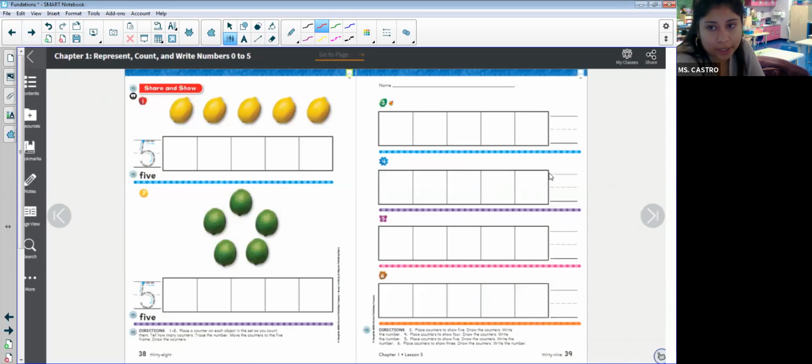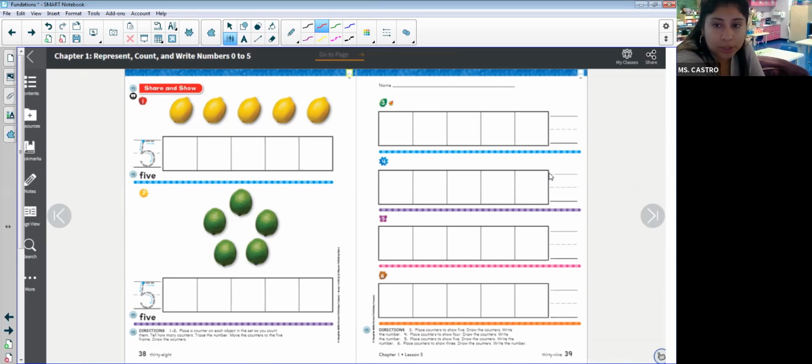All right, next page. This time, they would like for us to count and label these yellow lemons. Then we have to trace the number, and then we have to fill in the 5 frame.